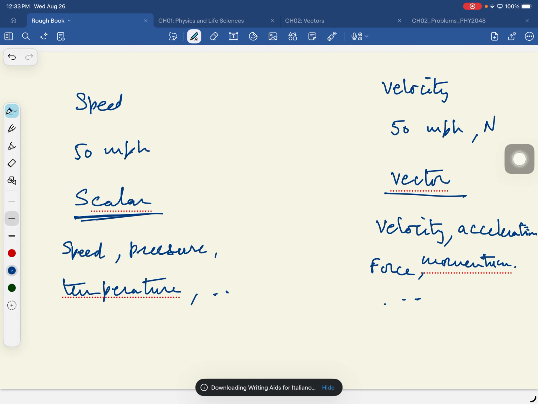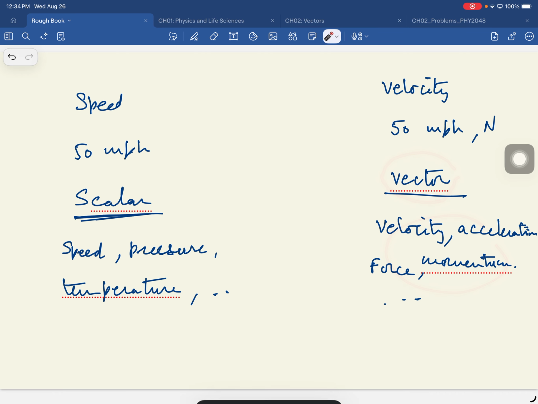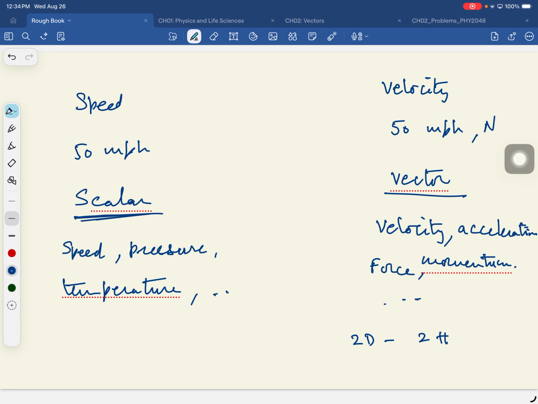All right, so what this chapter is about is these quantities that are represented by vectors. Now, to specify a vector, how many numbers do you need? You saw that here you needed two numbers. It turns out that in 2 dimensions, you need 2 numbers to specify a vector.